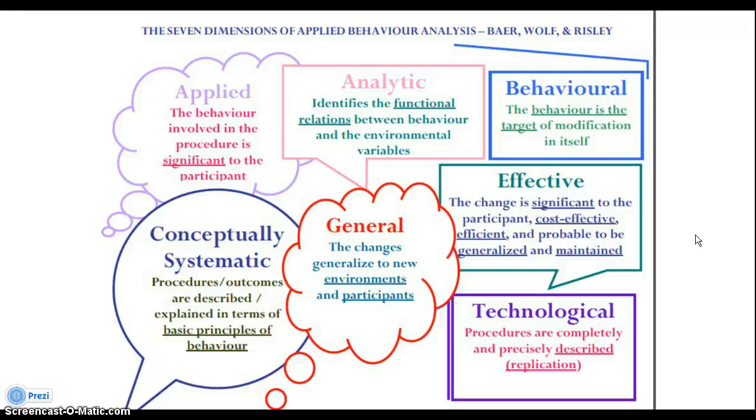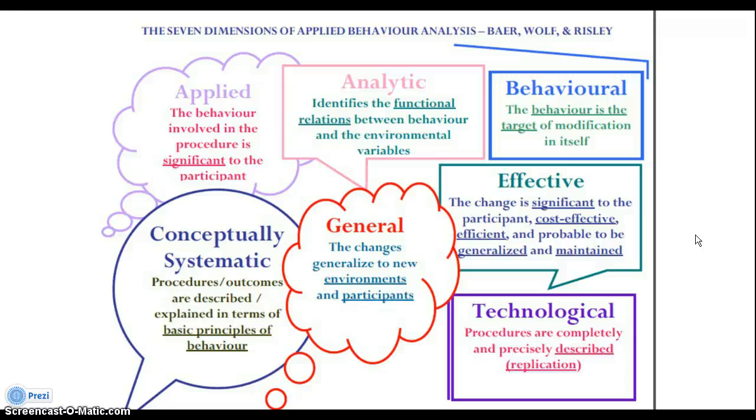In other words, we're trying to get them to take what they learn and use it in different places. It's applied, and what that means is that the behavior that we're using, the procedure, is significant to that person. So in other words, we're training them things that are going to be used in their setting for the activities that are expected in their day.